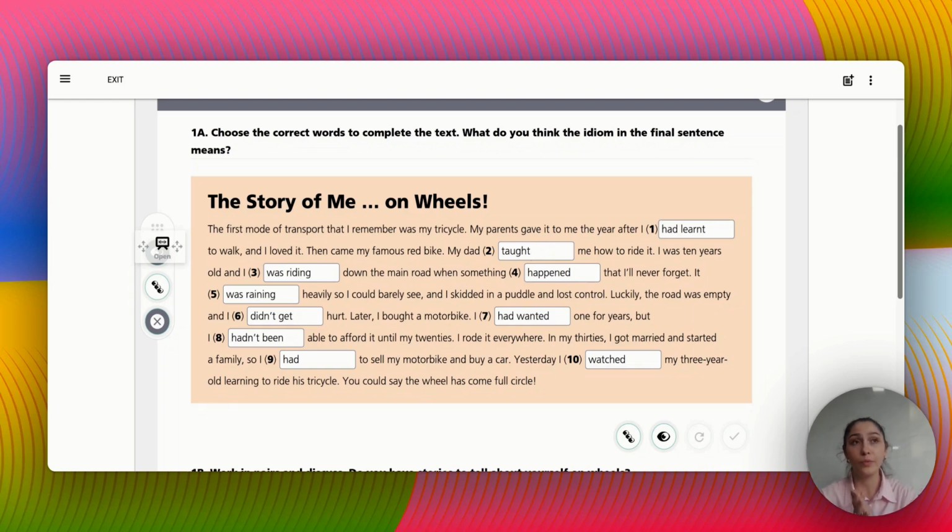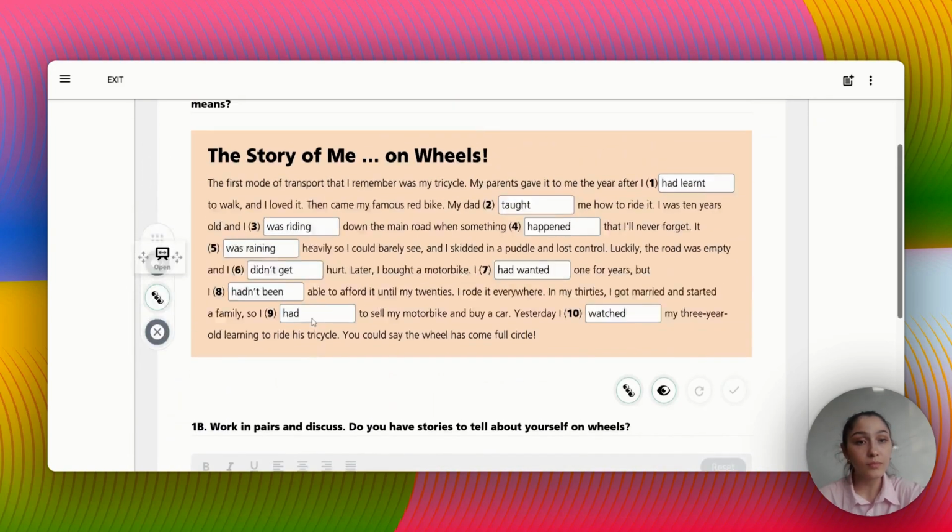He's speaking about continuous action in the past, what happened with him in the past. So he's using past continuous tense, and this action is interrupted by something else that happened. This is past simple, happened, okay, and so on.